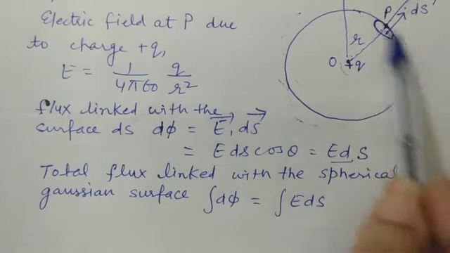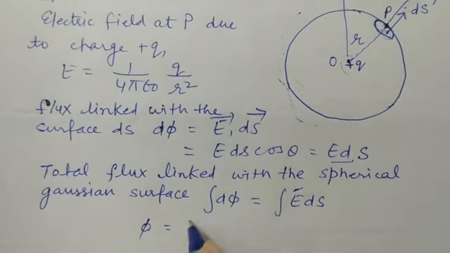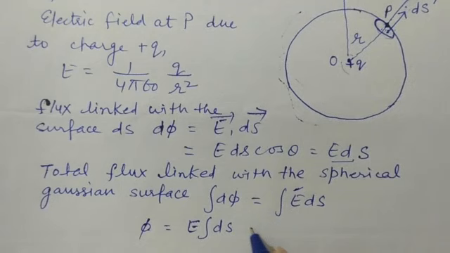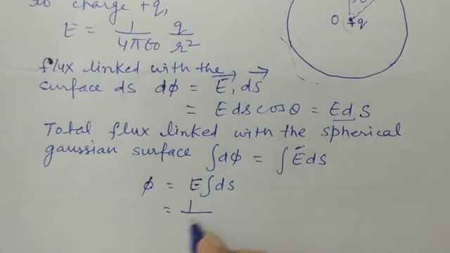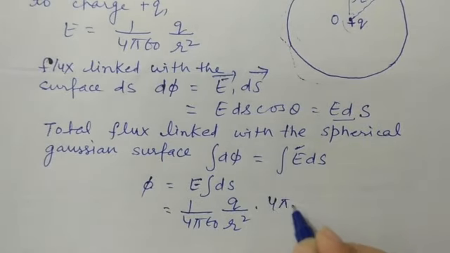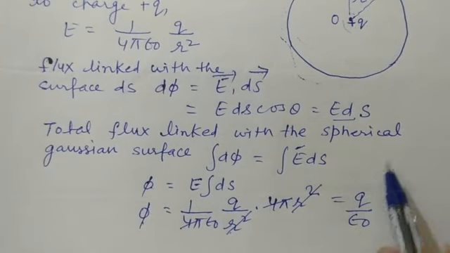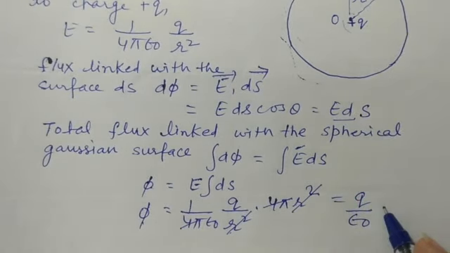Electric field will be the same at all points, so E is constant for this surface, so we can write phi is equal to E outside the integration sign, integral of ds. So ds is the total area of the spherical body. I know E is 1 upon 4 pi epsilon naught Q upon R square, and the area of this spherical surface will be 4 pi R square. This 4 pi R square cancels, and we get Q upon epsilon naught. So phi for the spherical Gaussian surface, we have proved, is equal to Q upon epsilon naught.